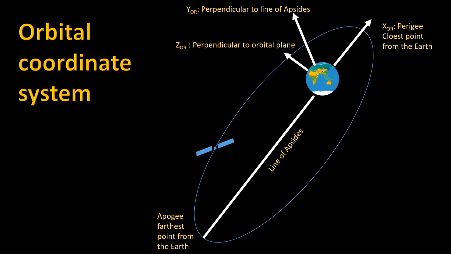So if you put your thumb along the z-axis and your fingers towards x, with a simple counterclockwise rotation, you can find the direction of the y-axis. This means that the system is right-handed.